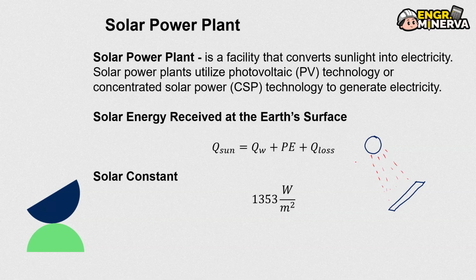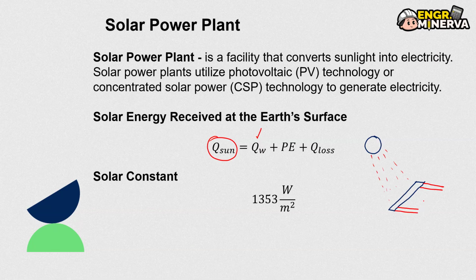Then we have here our water. So the solar energy received at the Earth's surface, that would be the heat from the sun, or Q of the sun, would be equal to the Q absorbed by the water.